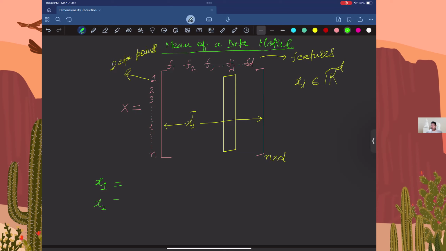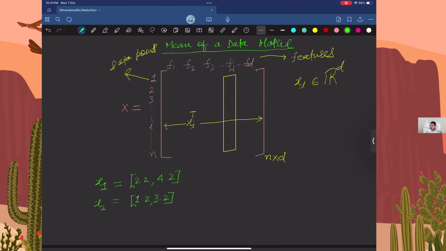Just for supposition, let's say x1 has values 2.2, 4.2, and x2 has other values 1.2, 3.2.